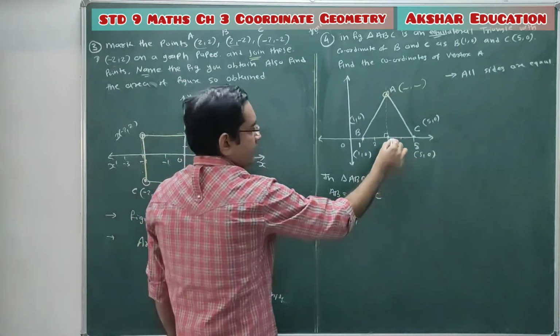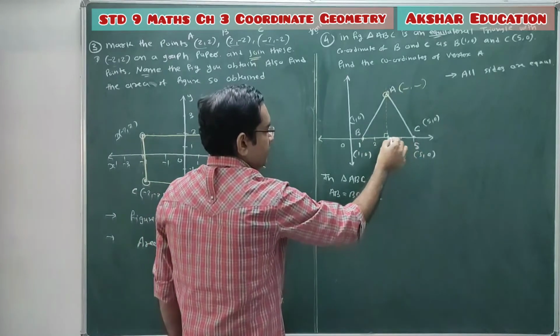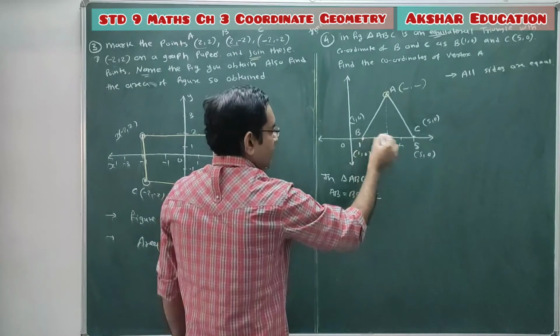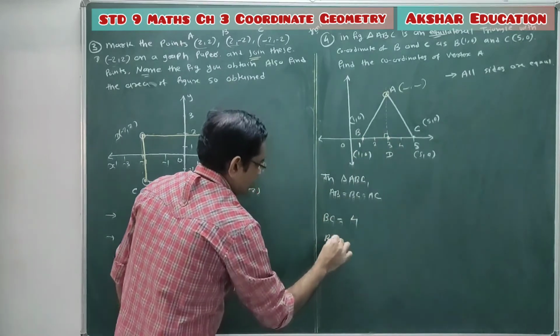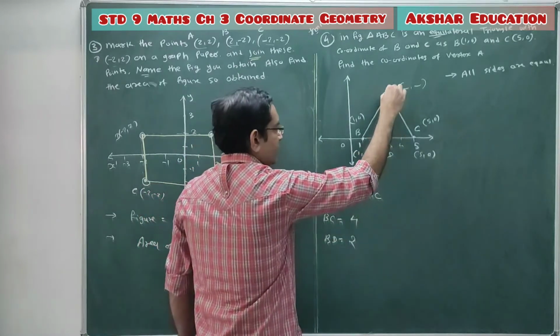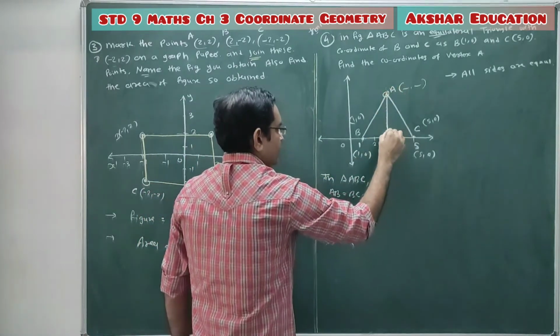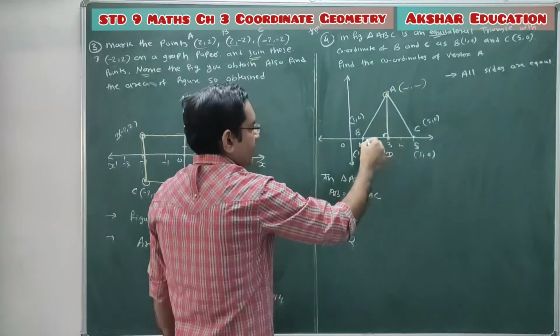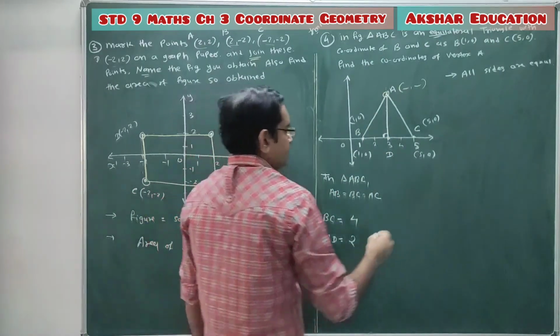And here D is the midpoint of BC. It is shown that D is over here. So the length of BD is equal to 2 units. And this is perpendicular, as given in the figure. Done? So now triangle ADB is a right angle triangle.